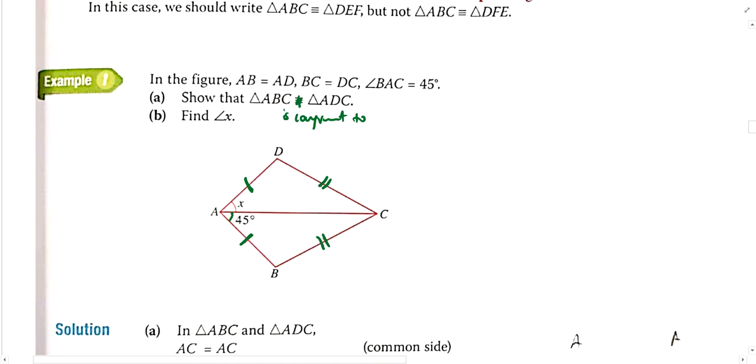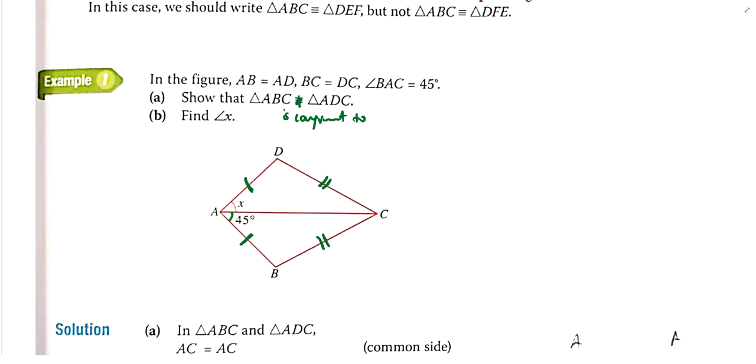Now, please pay attention. I'm going to give you an approach that will always work for congruency questions. To show that triangle ABC is congruent to ADC, I will draw out the 2 triangles separately. The diagrams may be very complex.